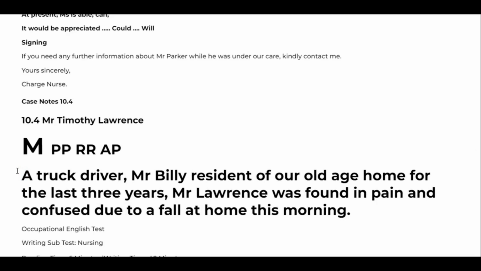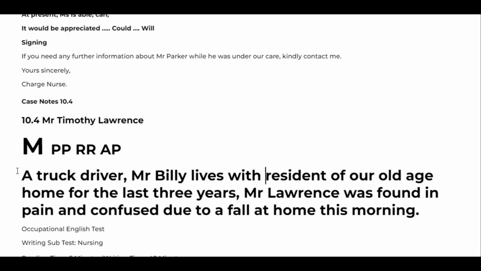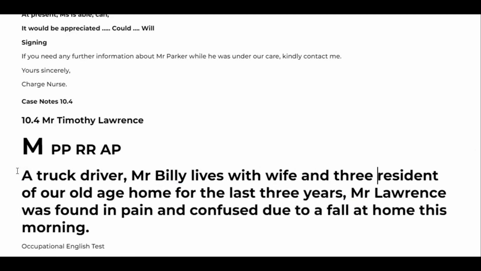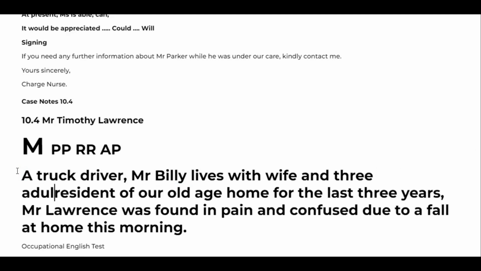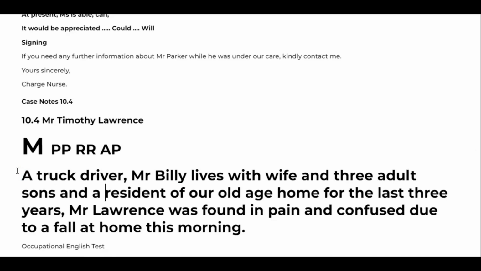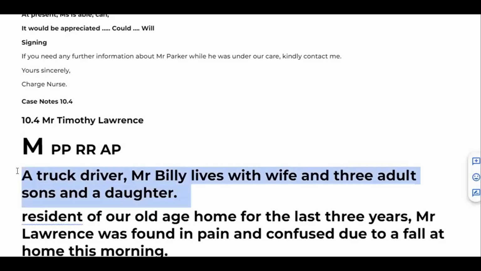Mr. Billy, a truck driver, lives with a wife and three adult sons and a daughter. This is for the social sentence. Okay, if it is important, you can write. This is for the social paragraph.